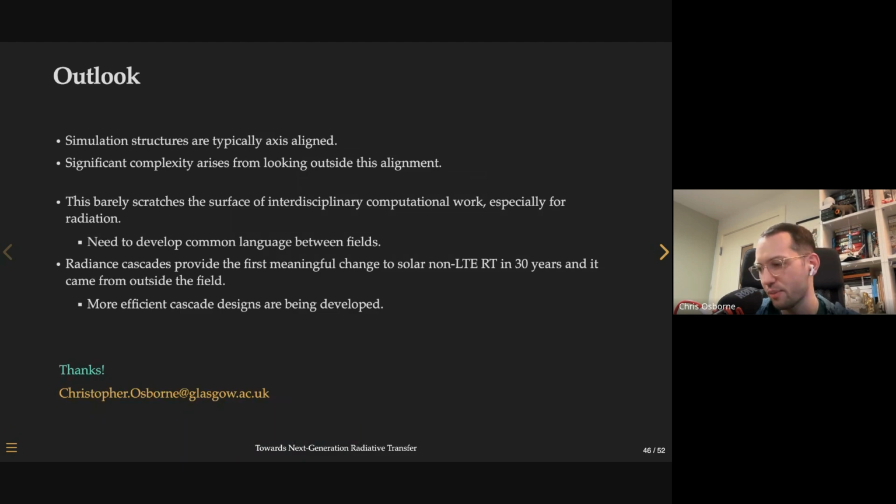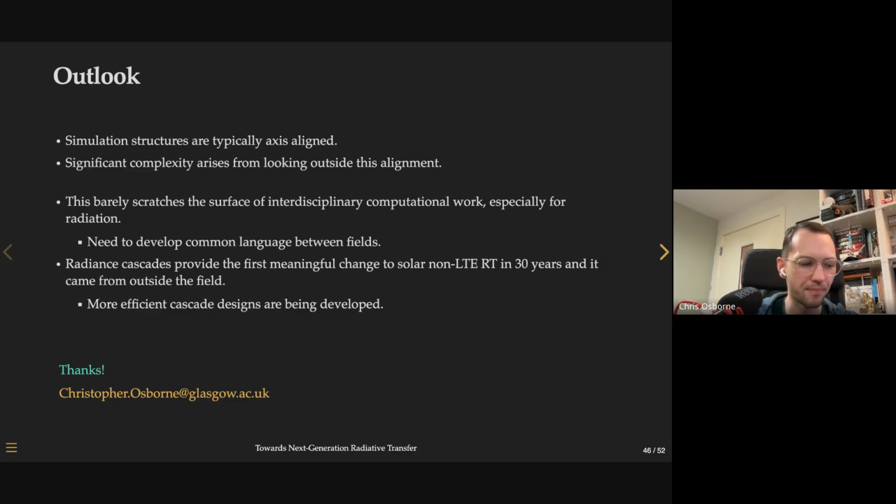My takeaway from that really is that a lot of the radiative post-processing that we've seen of all of these complex 3D models has always been axis aligned because it's the easiest thing to do. We synthesize at mu equals 1 and we go, okay, this structure looks like this for the most part, particularly when we get to these optically thick lines, these chromospheric lines that are hard to model.